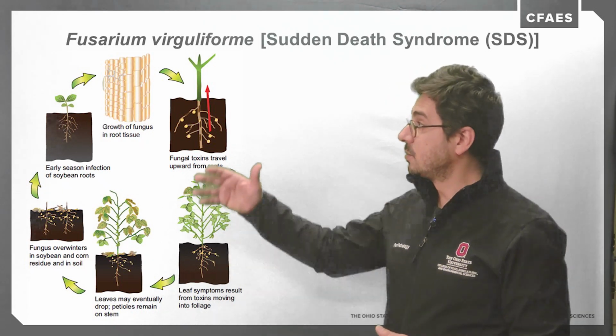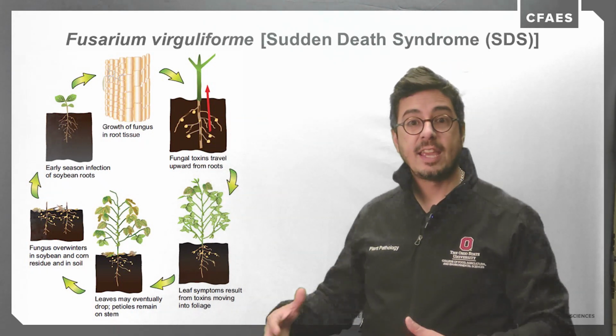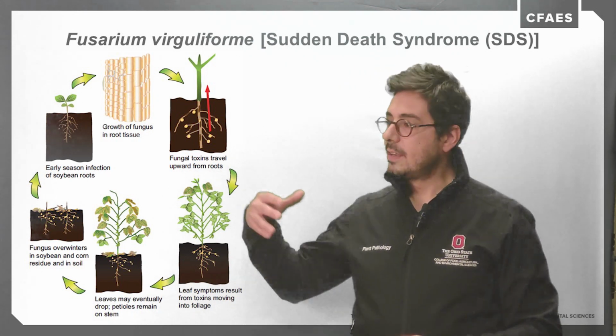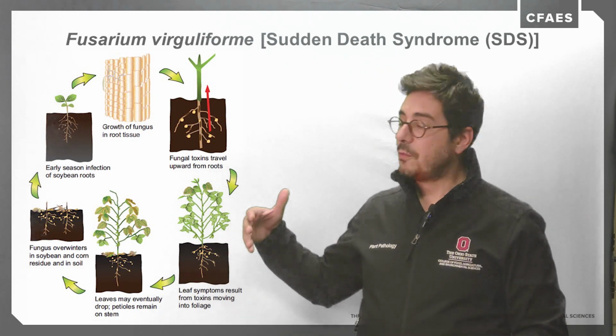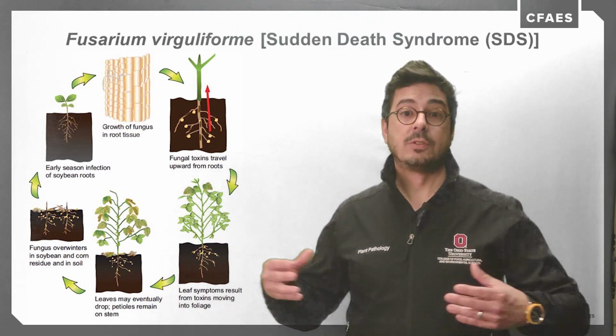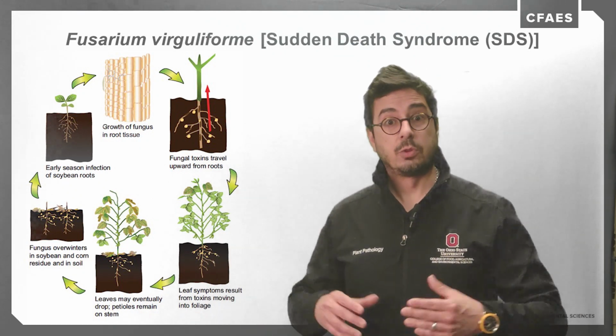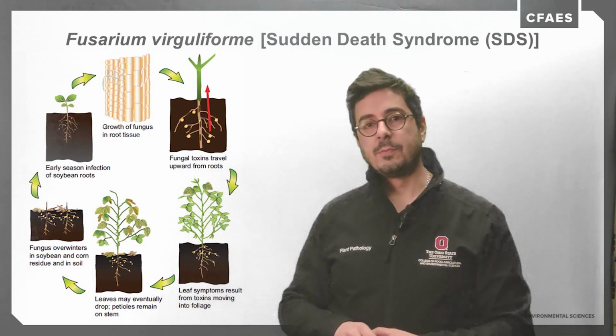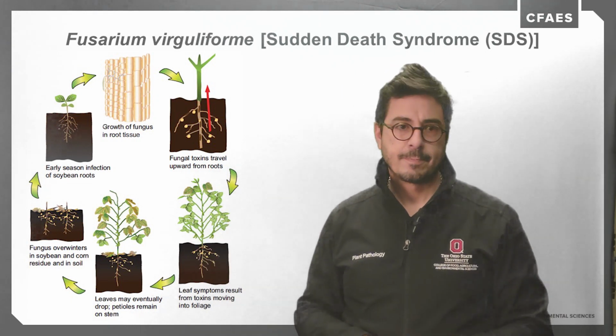The fungus will continue developing and inoculum will continue building up. And as you can see, if we do not move out of soybean in a rotation scheme, we can encounter more of this pathogen in the next season.